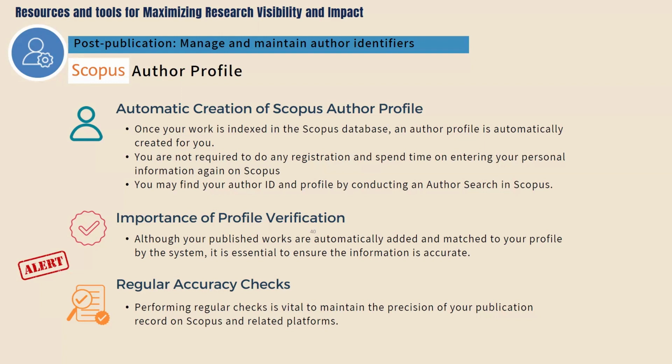While the system automatically collates and aligns your publication records with your profile, verifying the accuracy of the information is crucial. To preserve the accuracy of your publication record on Scopus, it is imperative to conduct regular reviews.